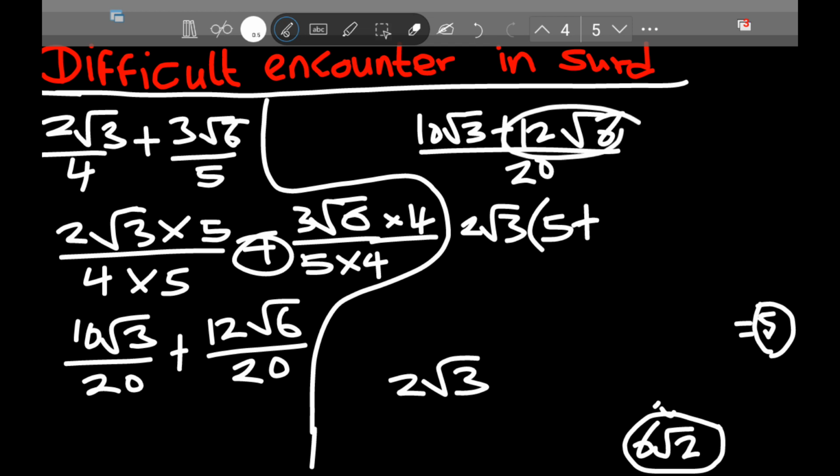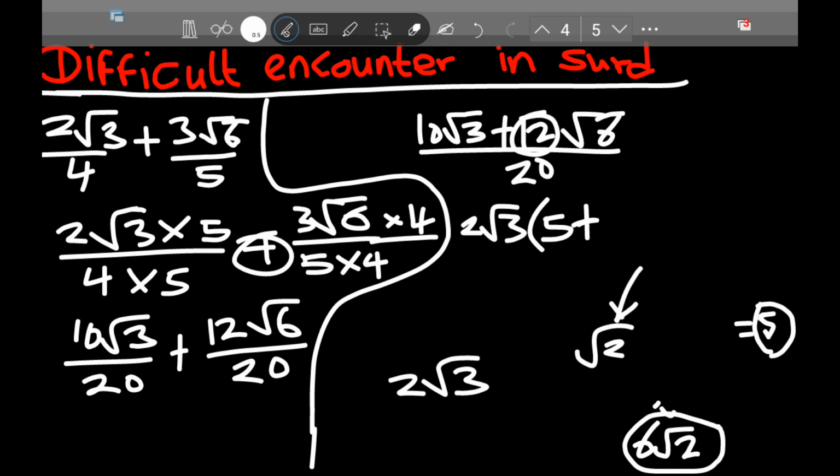Then when you take 12 root 6, just as we did it before, and you divide it by 2 root 3, now this root 3 will divide root 6, because 6 divided by 3 is 2. So you should have root 2 inside the square root symbol.